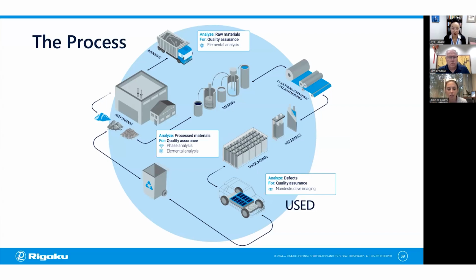So if you attended Angela's talk on the X-ray imaging, you saw how our imaging instruments can play a role in looking at battery defects. And then back to XRF again is finally part of that recycling process. We come full circle. XRD and XRF will come back in to assist by looking at the elements present and help determine next steps for that material or how that material could maybe be reused.